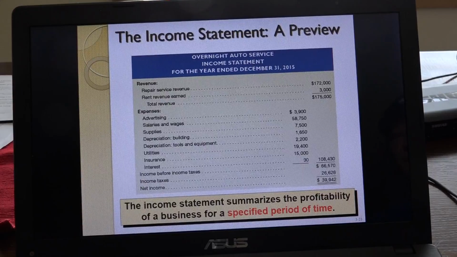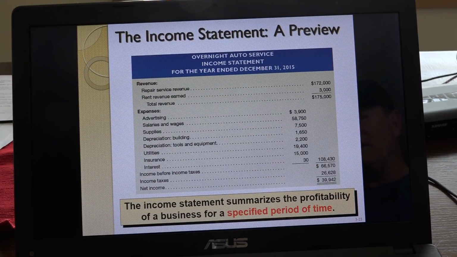Here we have an income statement. If you recall, like I said, revenues minus expenses equals net income. Of course, they have income before income taxes and then your income tax liability here. So this is a little more sophisticated presentation and quite proper.